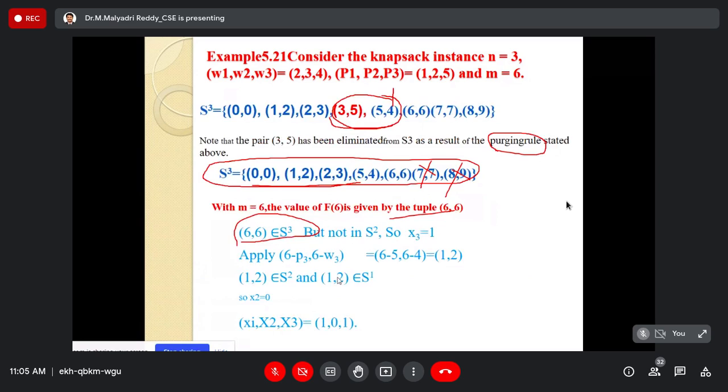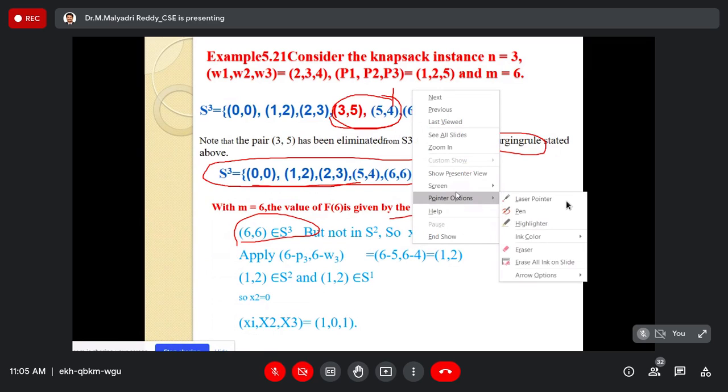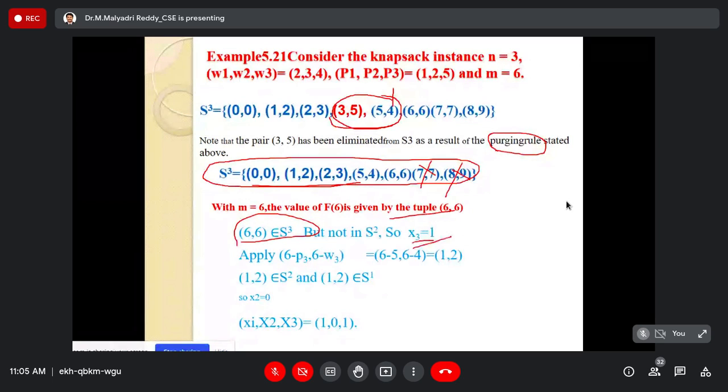It is not available in S2, so the X3 value is 1. That is why, according to the solution backtracking method, I remove that one. Then I get 1 comma 2, which is available in S1.